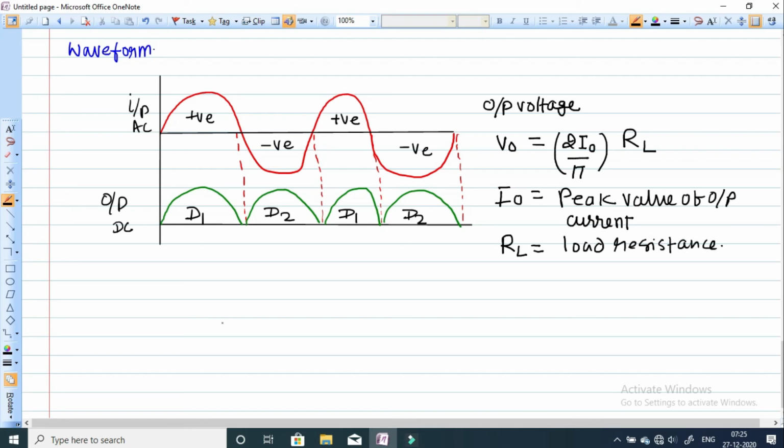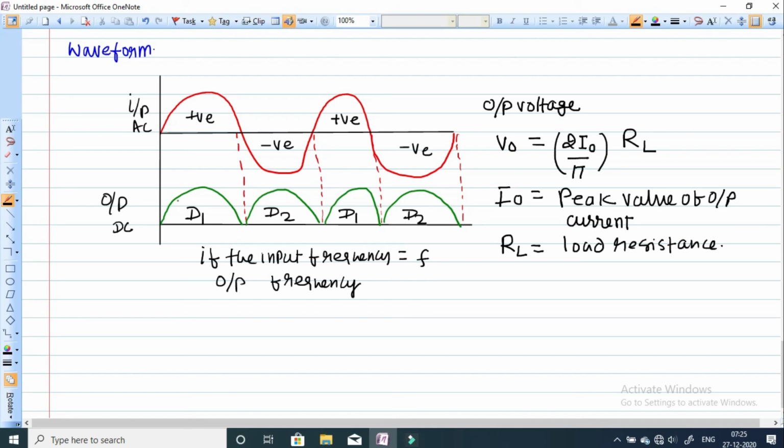And what is the frequency? If the input frequency is f, then the output frequency, because the same cycle is repeated in half of the time, you can see in the output DC waveform and input AC waveform.